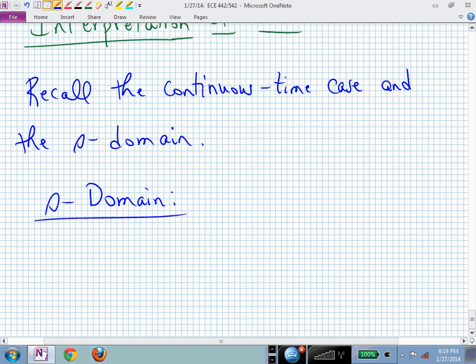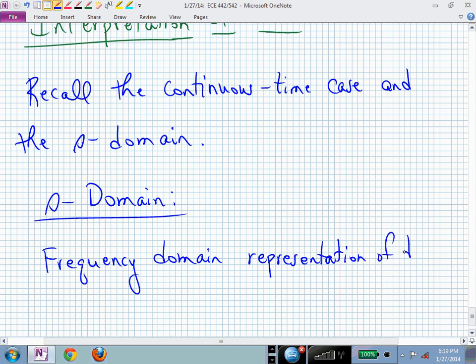If we're in the S domain, what I'm trying to understand is a frequency domain representation of delay.